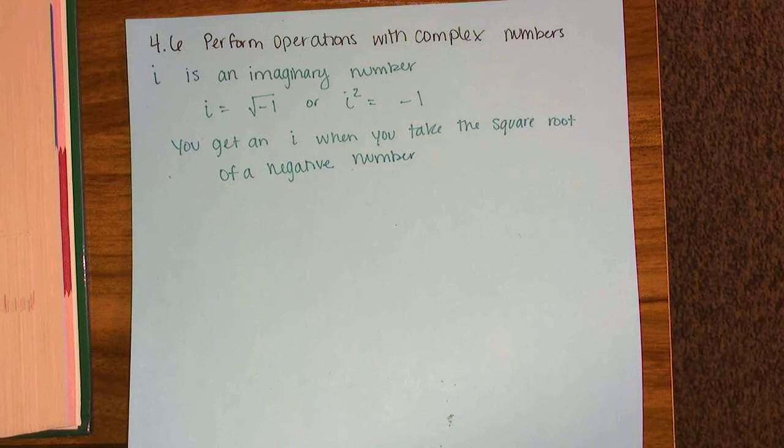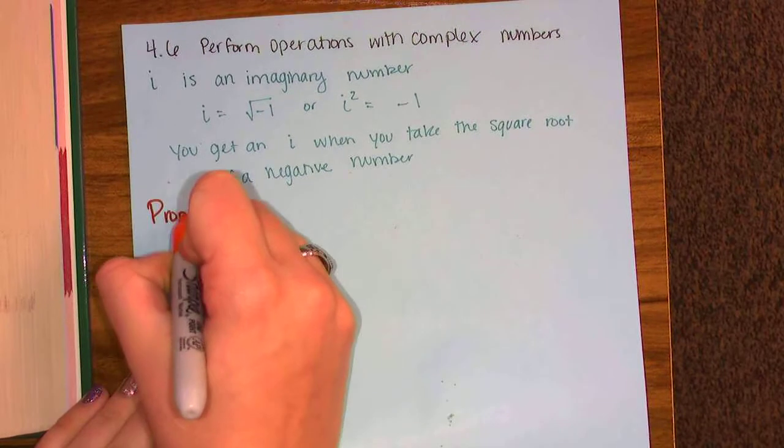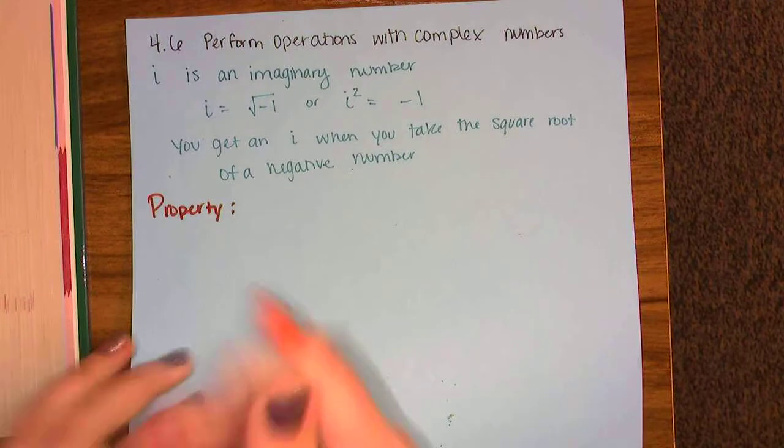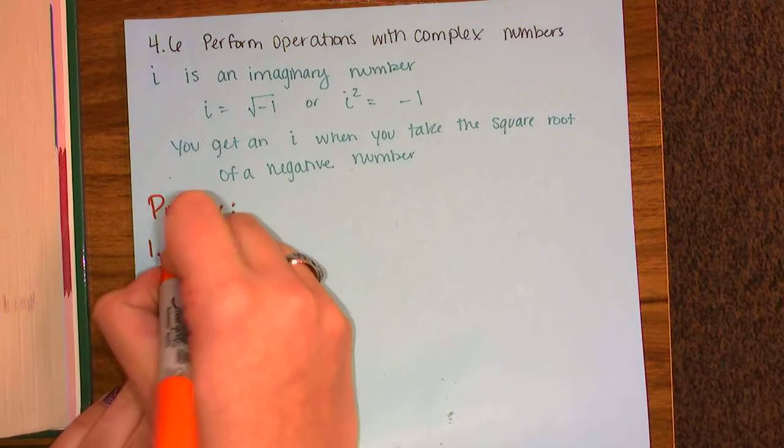Okay, so some properties here of this. There's going to be two of these.